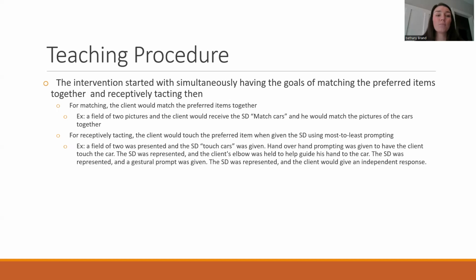The teaching procedure. So the intervention started with us simultaneously having the goals of matching preferred items together and receptively tacting them. So for matching, we started off, the client would match preferred items together. There would be a field of two pictures, and the client would receive the SD match cars, and he would match pictures of cars together.